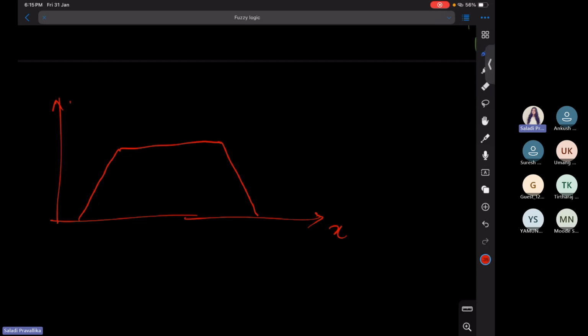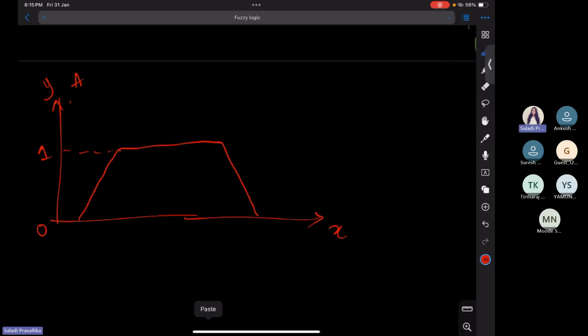So the x-axis represents all the x values and the y-axis represents the membership function values, right? And let us call this membership function graph A. Here you know that the highest membership value is equal to 1 and the lowest is equal to 0, right?